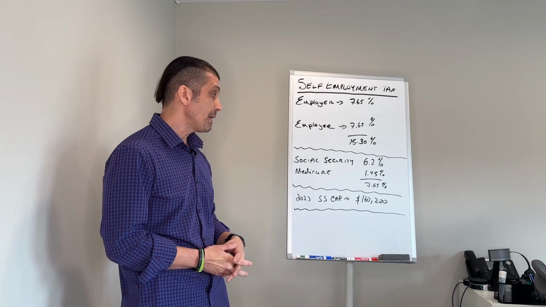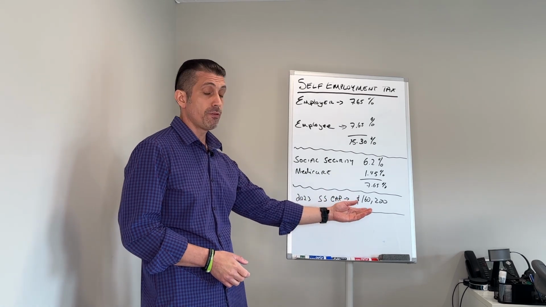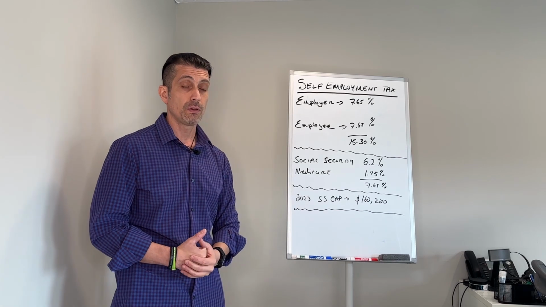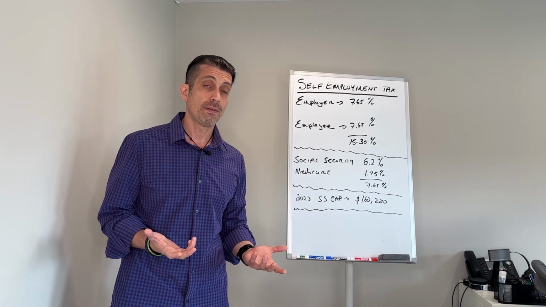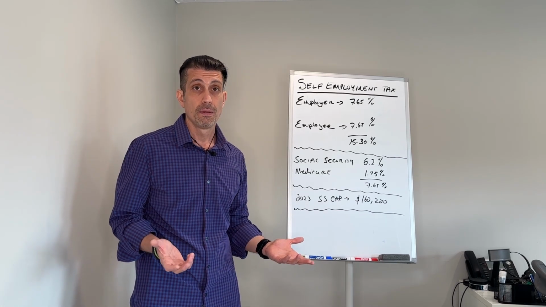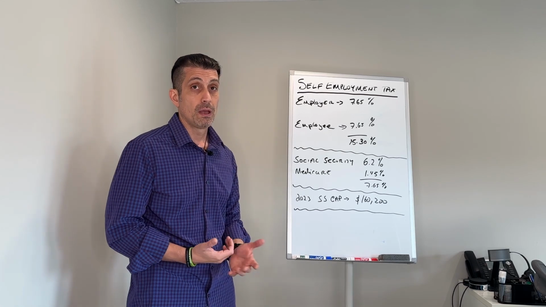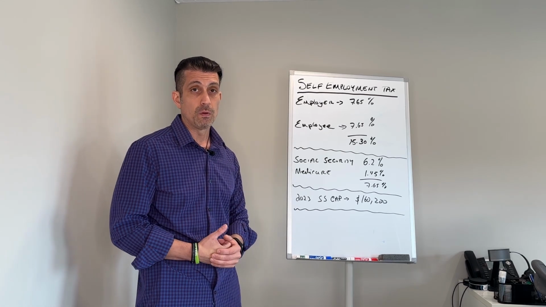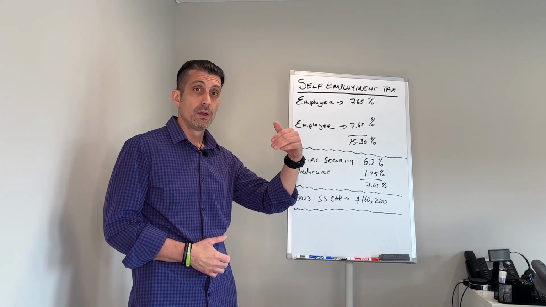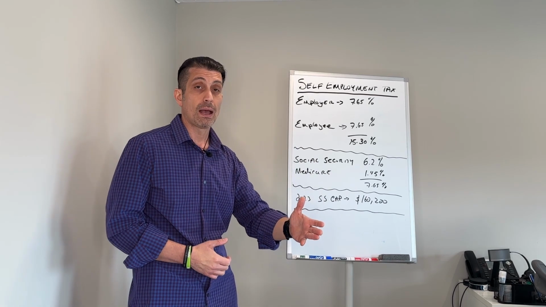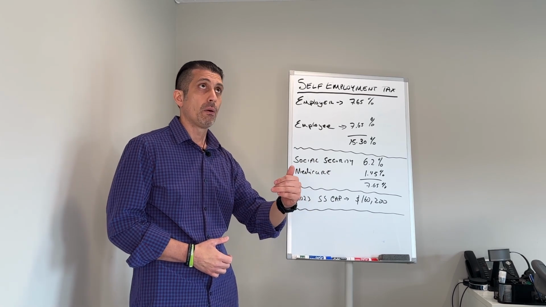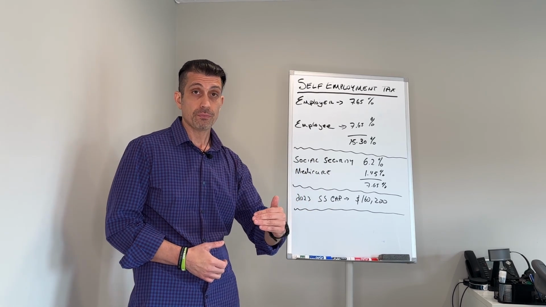And just note that not everything is taxable for Social Security. If you're an employee and you're on a W-2, certain things are not going to be taxable for Social Security, and some things will be. And that's why if you've ever looked at your W-2, you'll notice boxes 1, 3, and 5.